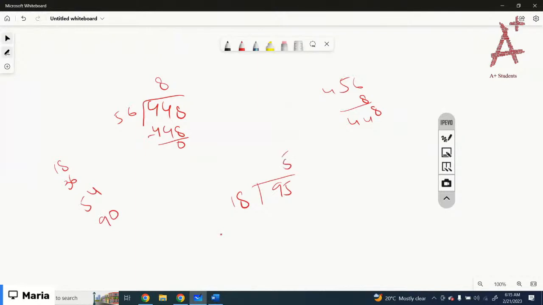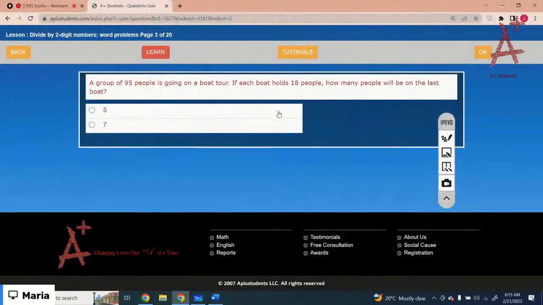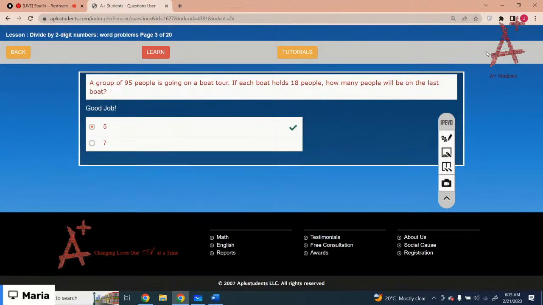Yes, we can go for 18 times 5. 18 times 5 is 90. So on the last boat, you have just 5 people. Got it? Because you are left with 5 for the last one.